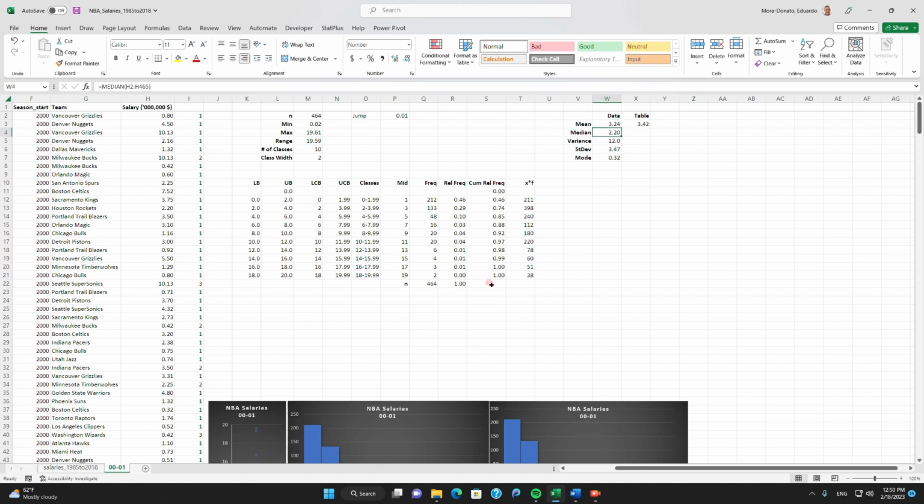Now the median will be the mean value. So let's see, when the cumulative frequency is about 50, it's between these two, and it's actually closer to this one. So it may be pretty close to the upper class limit here, right? So 2 million and change. So this looks like a reasonable number. So let's use the same, 2.2.